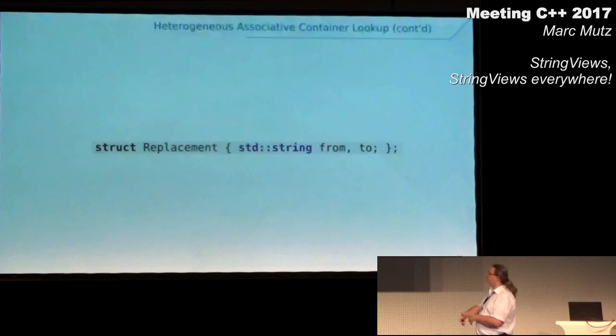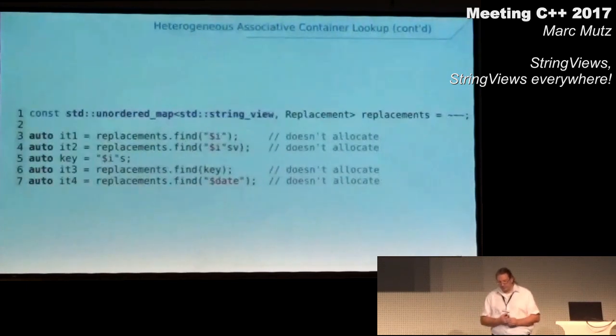And we do this with just a normal struct, Replacement, with std::string from and to. Now we create an unordered map from StringView to Replacement. Replacement contains from and to, it contains all the data. And as the key, we use a StringView, something non-owning.